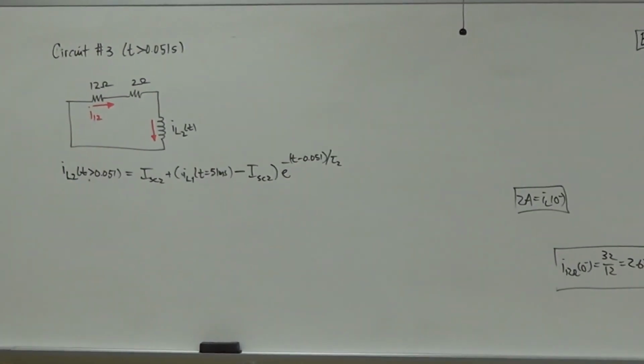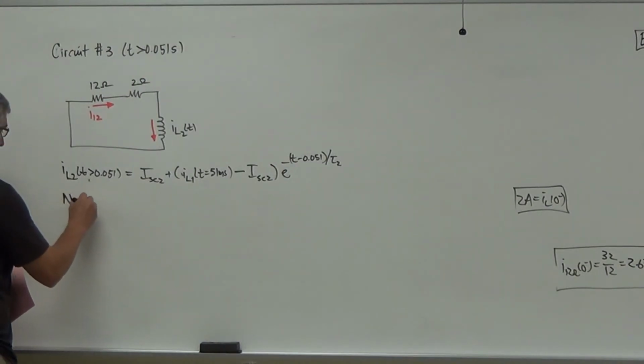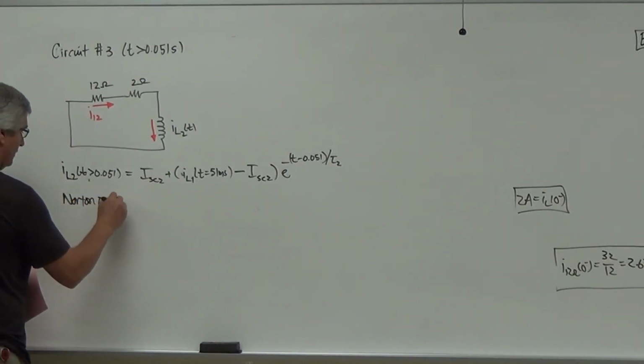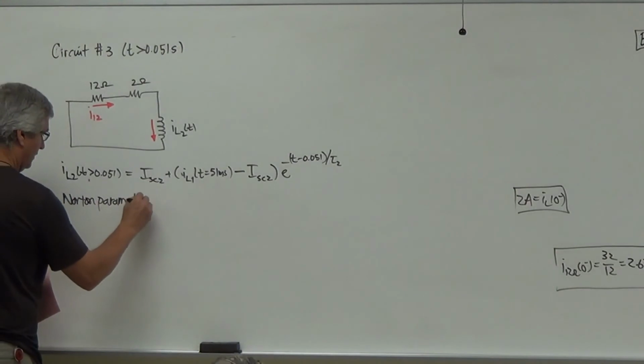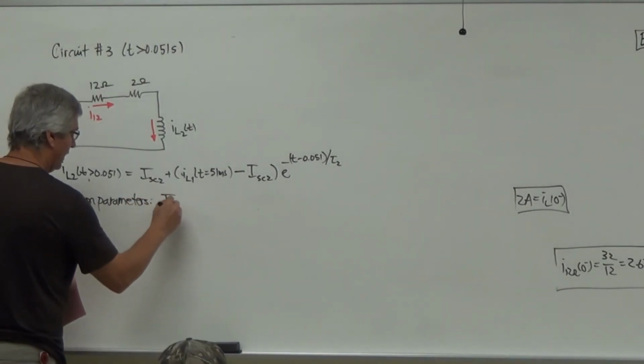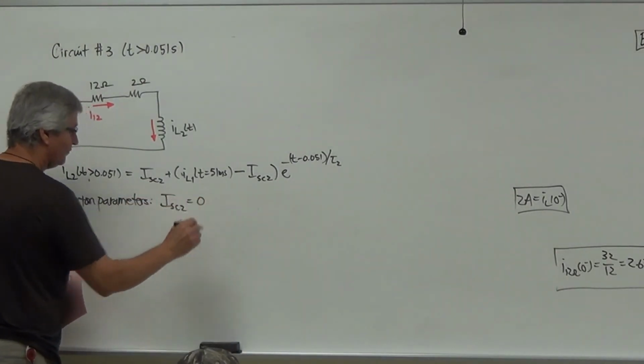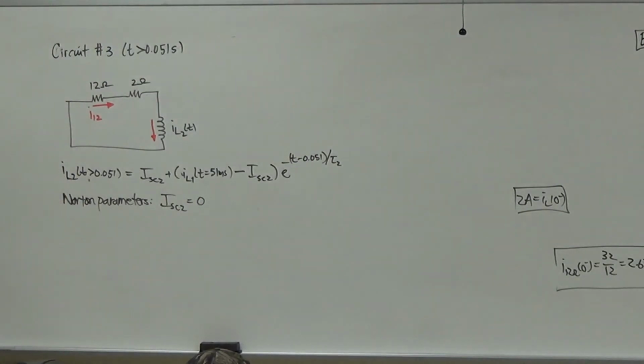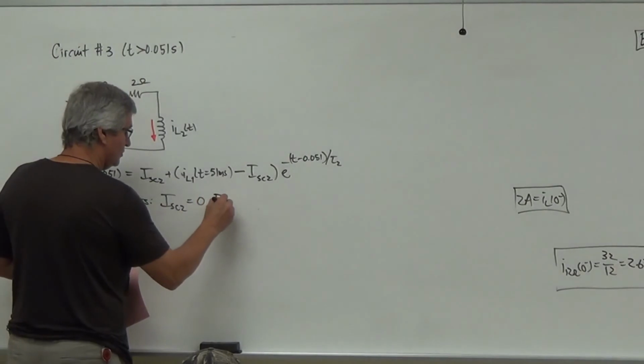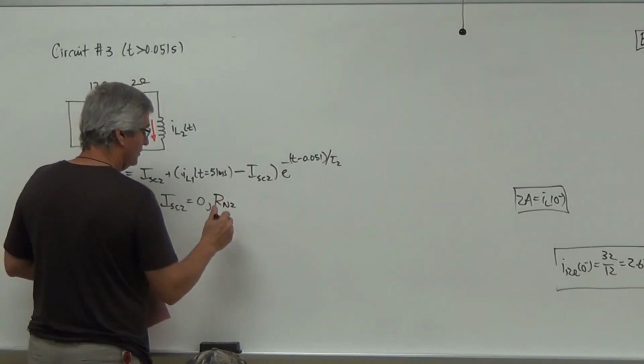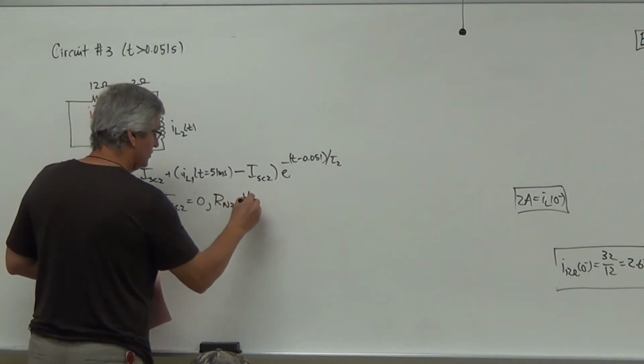So when I look at the circuit again, I need the Norton parameters as before. The Norton parameters have I short circuit 2, but of course that's 0, because there are no sources again. So I need to calculate this new Thevenin or Norton resistance, and then my new time constant.